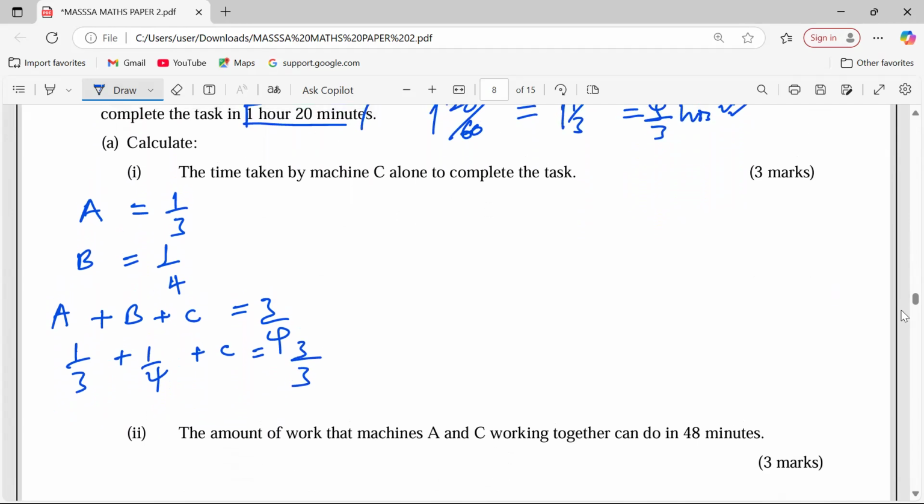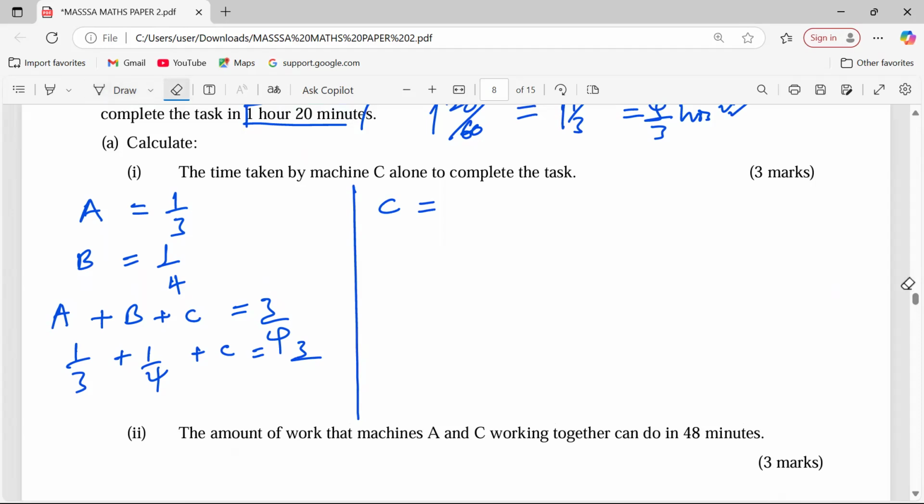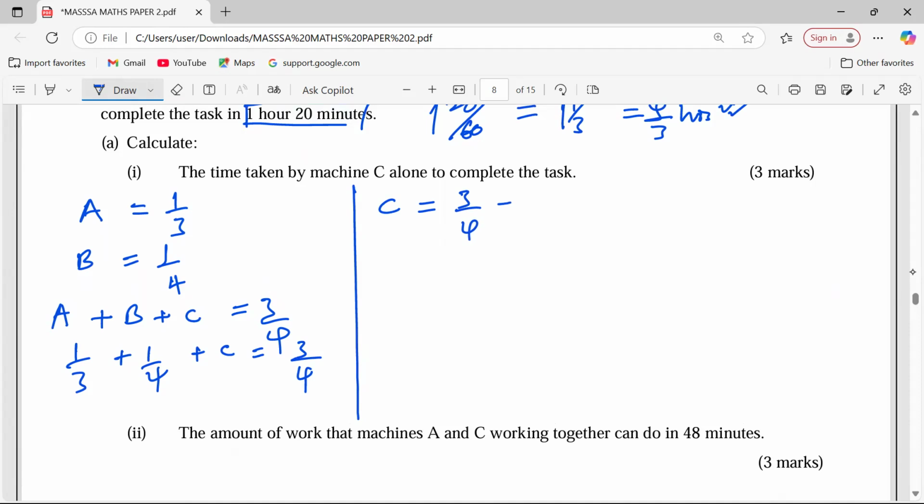So we can find now the fraction worked by C. To remain with C, we shall talk about 3/4 minus a third and a quarter.